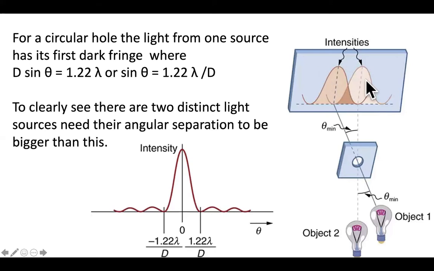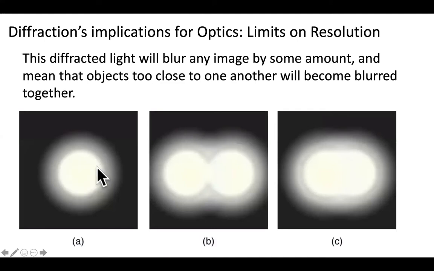Now, this is part of the issue with how you represent this, just to be clear. In fact, what you'd see is what we saw previously, a big, bright, fuzzy ball, and in the case where sine theta is 1.22 times lambda over d, you see this, where they're partially blurred together, but you can still see there's two objects. If you have less than this, they basically merge.